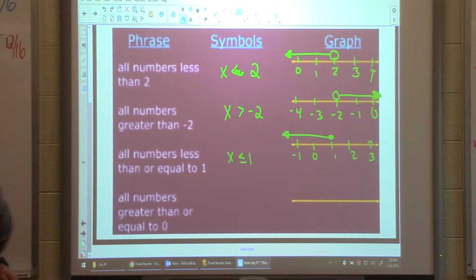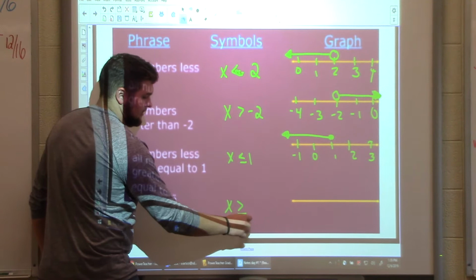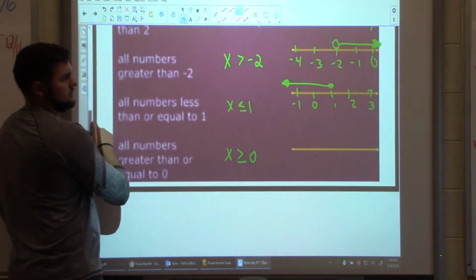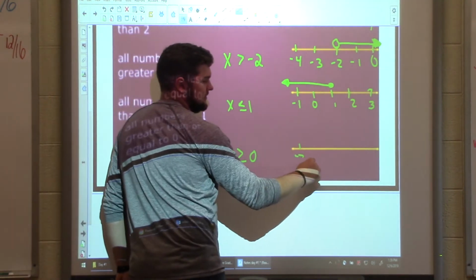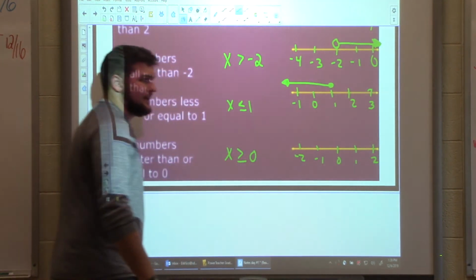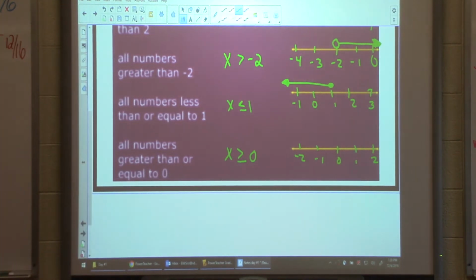All numbers greater than or equal to 0. Well, x is greater than or equal to 0. So, negative 2, negative 1, 0, 1, 2. Is your endpoint always going to be in the exact middle of the graph? No, it does not. Mine happens to be here, but it doesn't have to be.